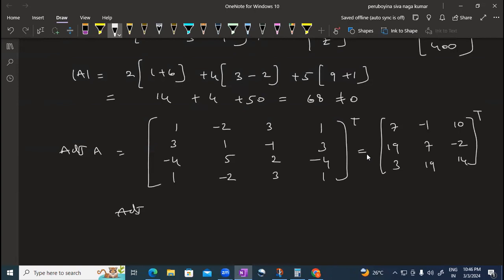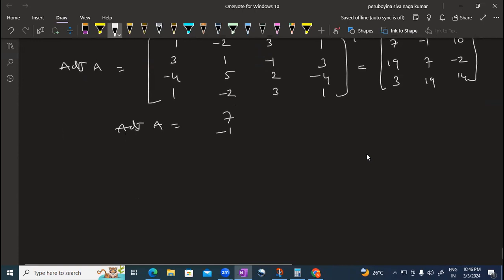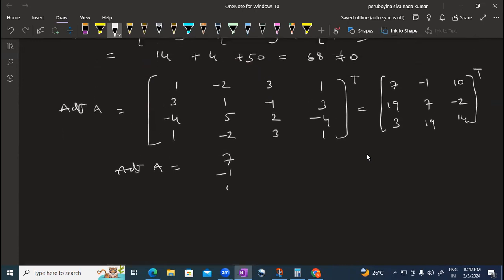So adjoint A is equal to, changing rows into columns, 7 minus 1 10, 19 7 minus 2, 3 19 14. This is adjoint A.